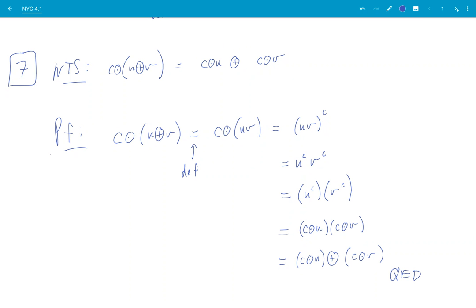How can I justify each step? I'm using the definition here. Where else am I using it? I'm also using it here and here. What I mean is the definition of my vector space.